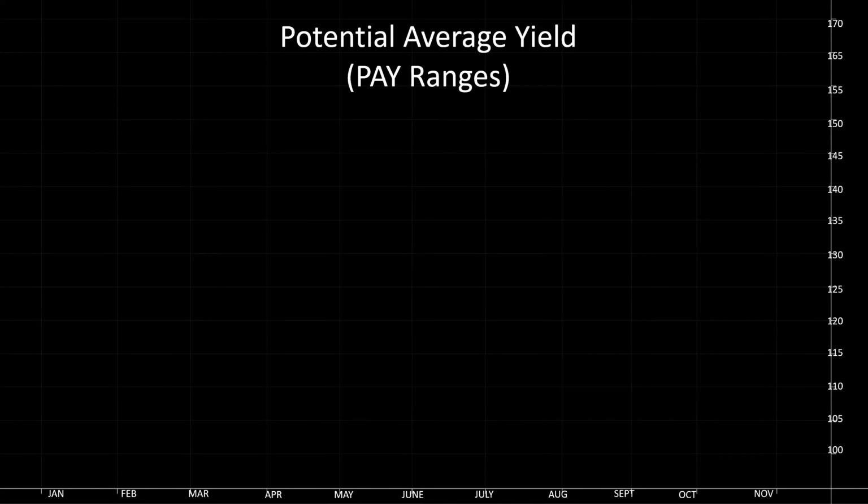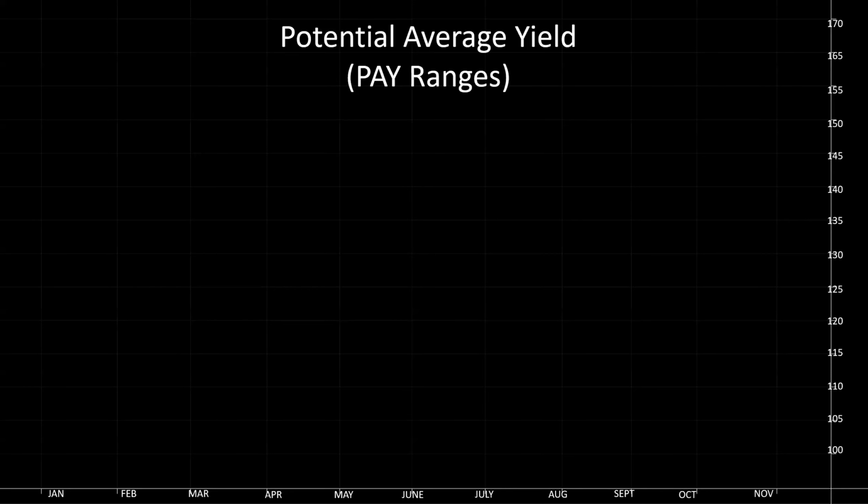When it comes to this same concept, but now within a trend, that's what I'm talking about with the potential average yield: understanding that same concept Wyckoff was talking about inside neutrality, and now applying it to a trend itself.